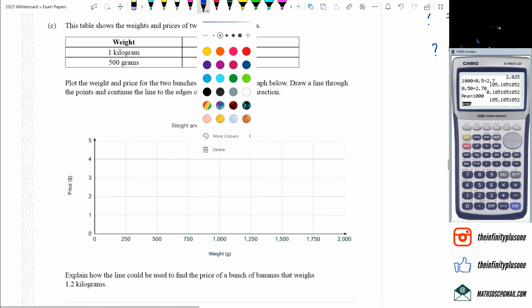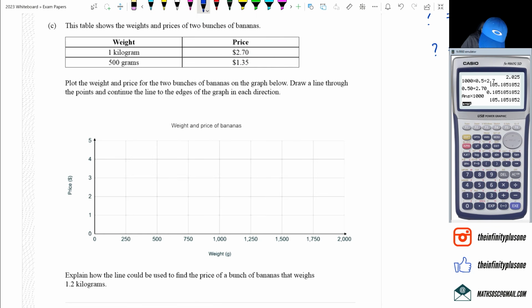At 1 kg, it is $2.70. So at 1 kg, that's going to be about there, roughly $2.70, and then $1.35 for 500 grams. So maybe there. And we'll assume that if it weighs 0, it's going to be at $0, because you're not really going to pay anything for 0 grams of bananas.